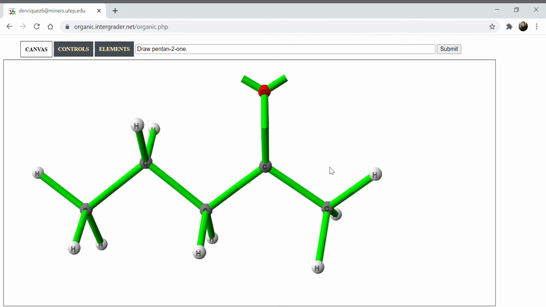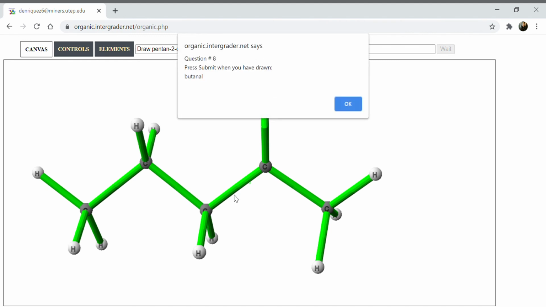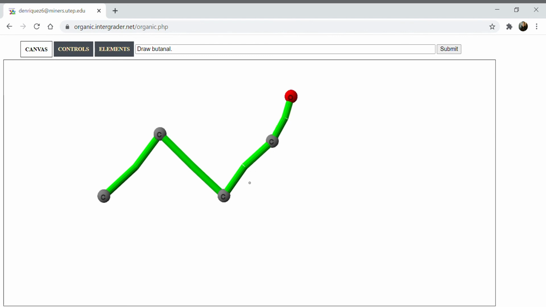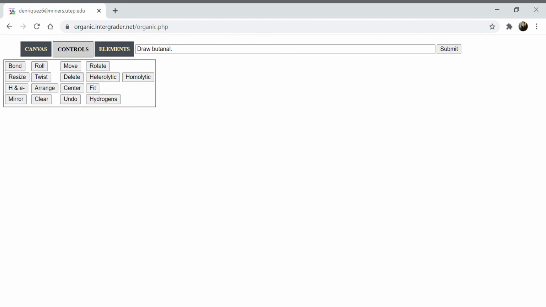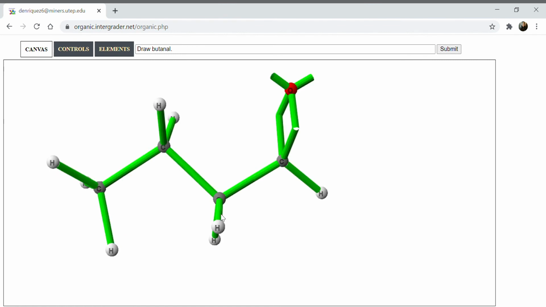If this methyl wasn't here, then that would be butanone. Oh, there's butanone right here. So 4, and then double bond the oxygen, add the hydrogens, arrange, 1, 2, 3, 4, and that should be good.